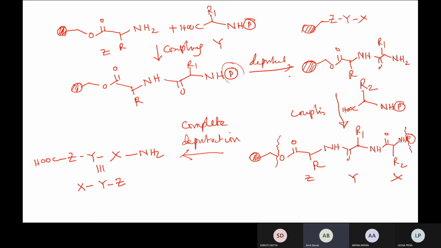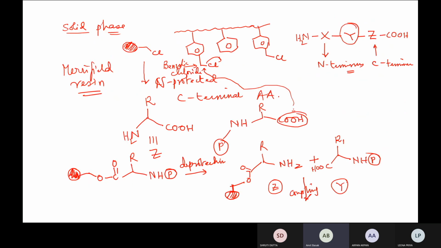Okay, and if I ask you now, we have just stated the protecting group, coupling agent, coupling, deprotection, and all these. So now the next question is, for a particular example, if I give you a particular example, then you have to also give me the information that what should be the protecting group on the amine. When I started with Z, the amine group is protected. So what is the nature of this protecting group?